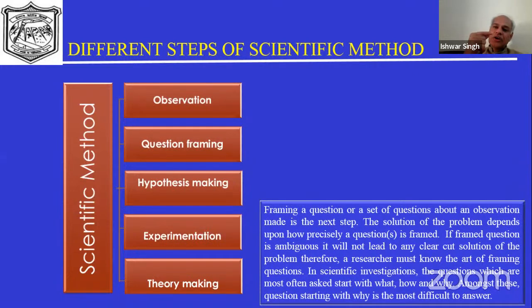And in order to make a question clear cut, you always ask them to make a single question at a time, having only a single query in that question, rather than making two or three things together.